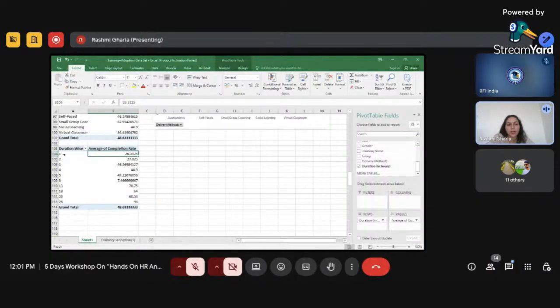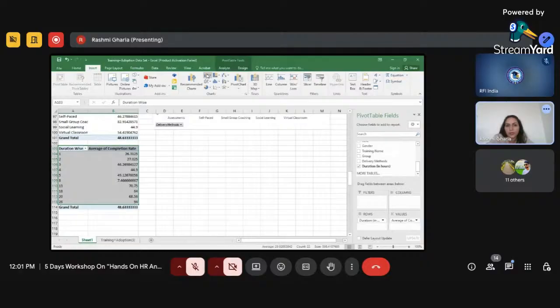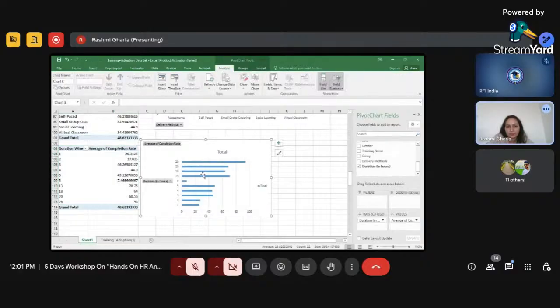So if the duration is 1 hour, then the completion rate is 26%. If it is 2 hours, the completion rate is 27. So what does this data say, what can you interpret out of it? What is your interpretation? With the increase in duration, what is happening?